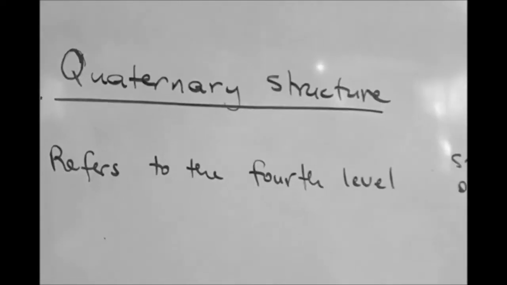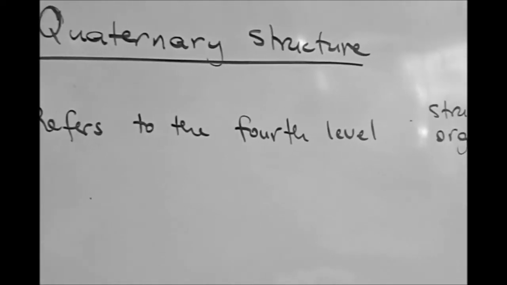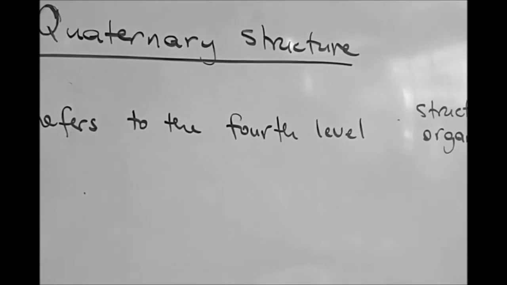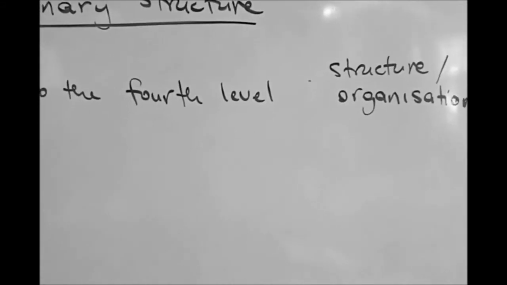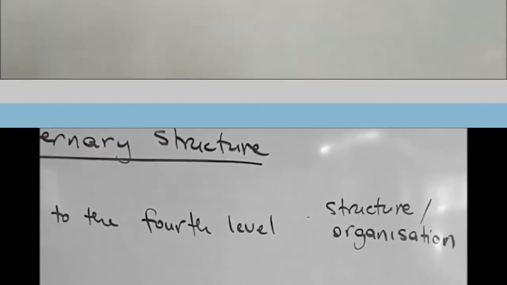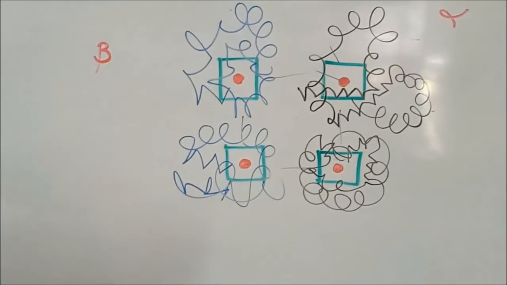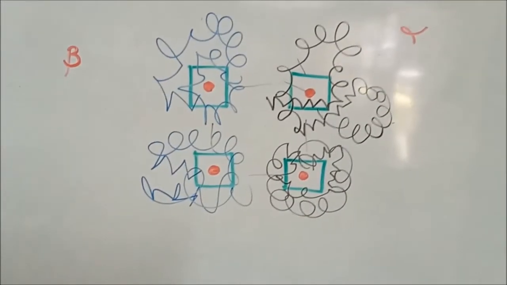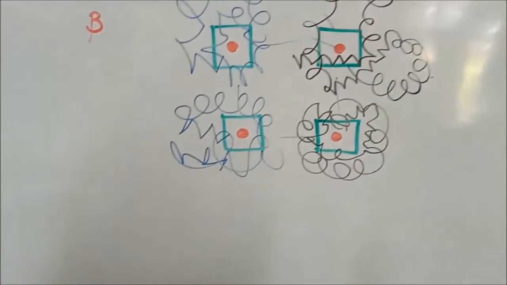All right. So what we mean by a quaternary structure now. You had to learn about hemoglobin in order to understand quaternary structure. Quaternary structure refers to the 4th level structure or 4th level organization. All right. So if I do a visual representation now of what I mean, this is an example of hemoglobin.